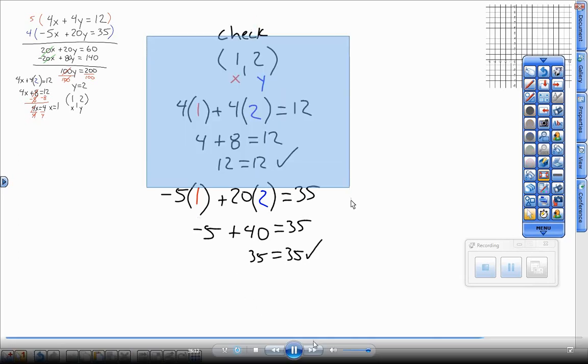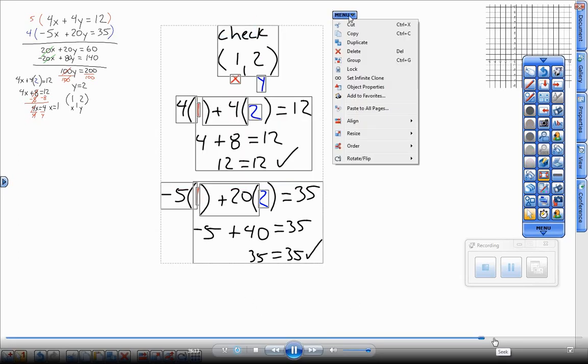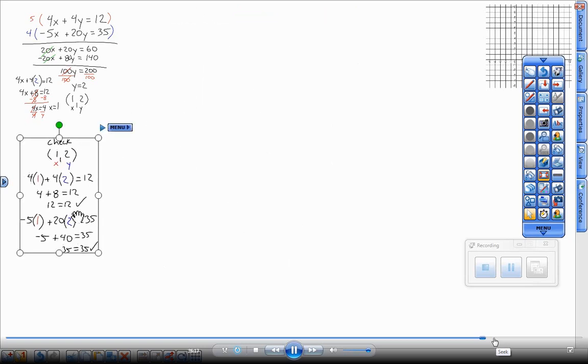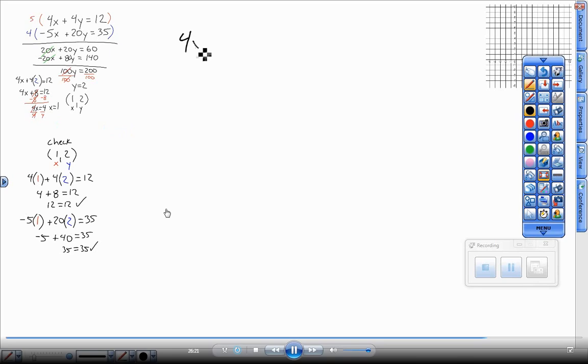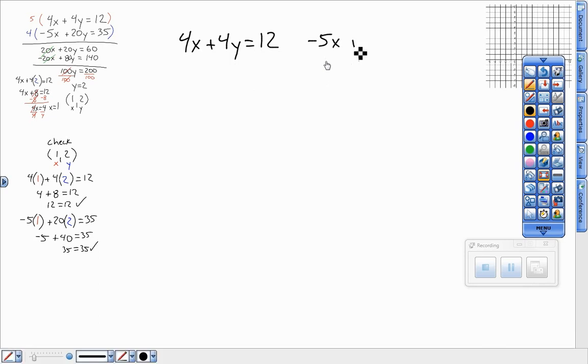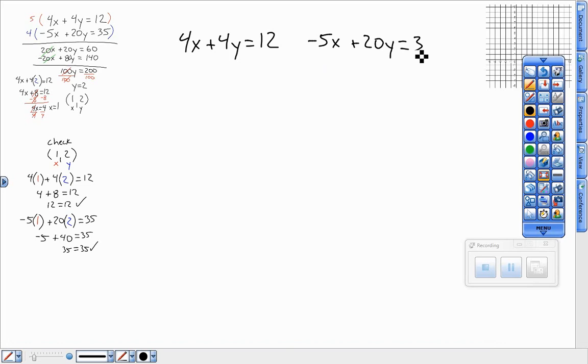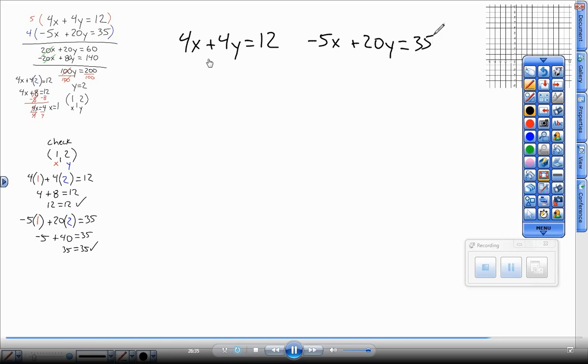Okay, solve this system by substitution. So I'm going to take those and write them both out and solve one for one variable and plug that into the other. So 4x plus 4y equals 12. The other equation is negative 5x plus 20y equals 35. I'm going to solve this equation for x.